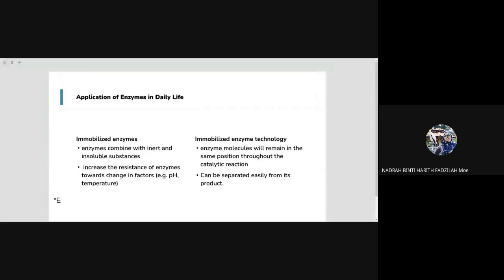So, dulu bila enzim diperkenalkan dalam deterjen misalnya, atau enzim diperkenalkan dalam sabun, enzim ni dia bertindak balas dengan kita punya kulit dan menyebabkan allergic reaction for certain types of people.